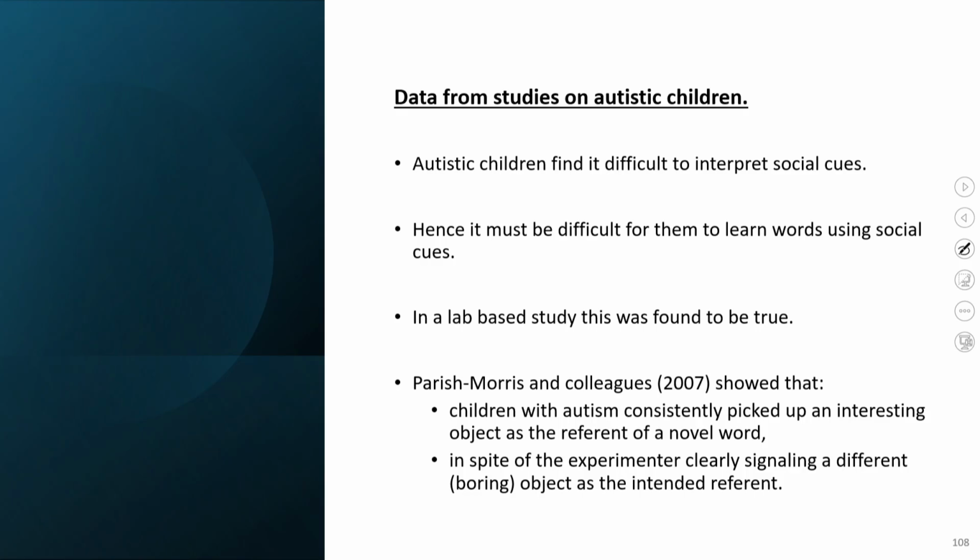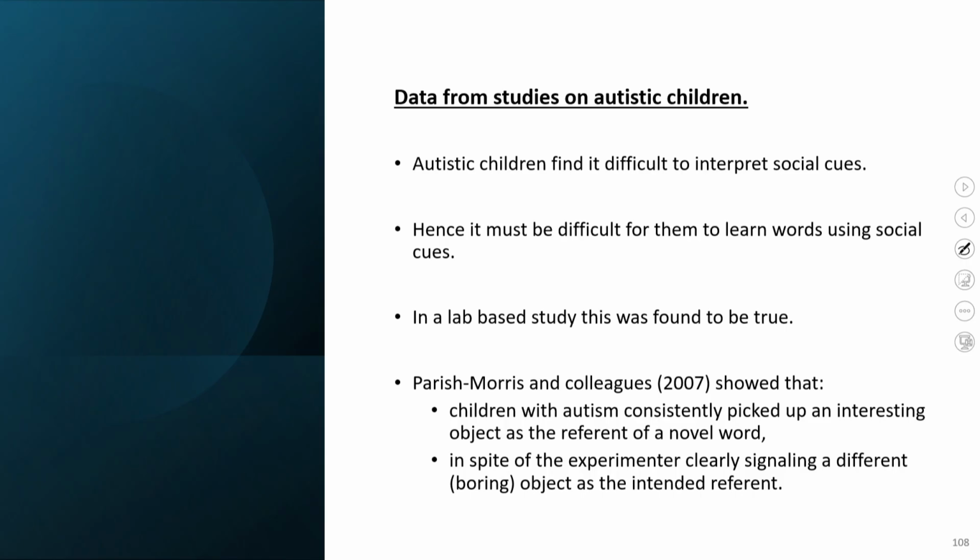Now, that means they should not be able to learn any language at all. Of course, there is language delay among autistic children, but some children do learn to speak, and some children are also good at language. How is that even possible? No autistic children should be able to speak if this was dependent entirely on the socio-pragmatic cues.